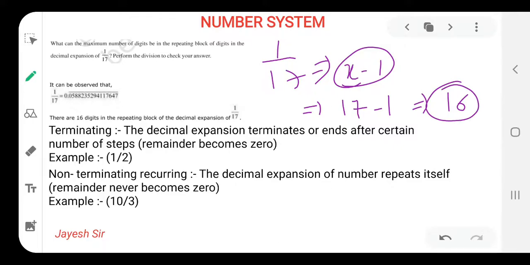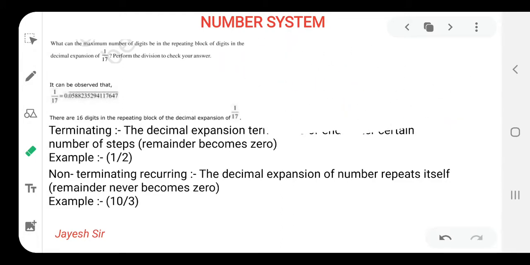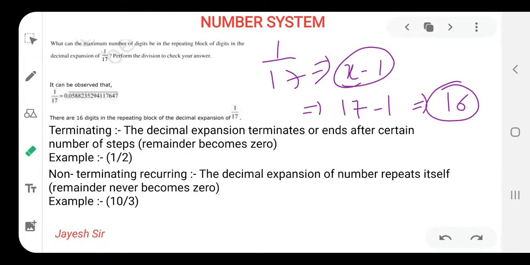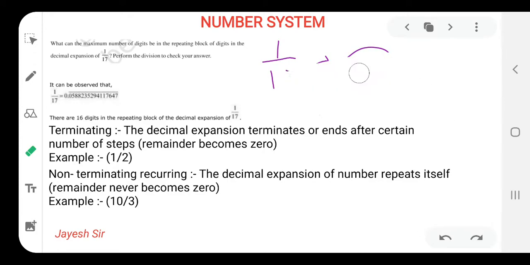You can check it by dividing, and by dividing, the answer that you are going to obtain is this answer. That's why I'm not solving it, because it will waste time, dear; you can perform this by your own also. You can divide, and after dividing you will find this answer.